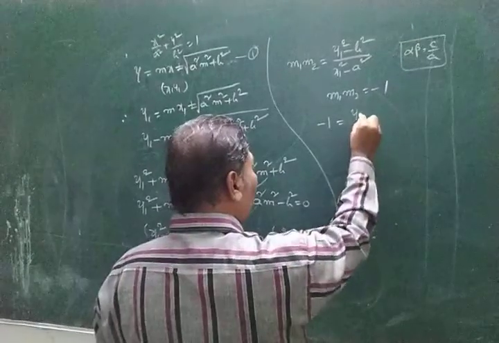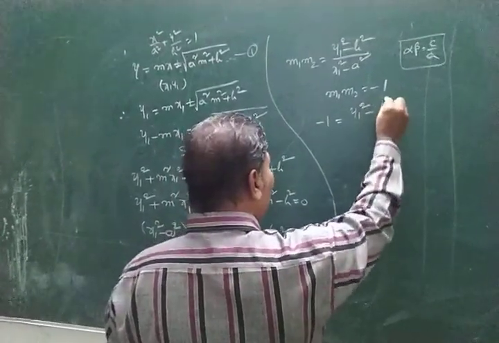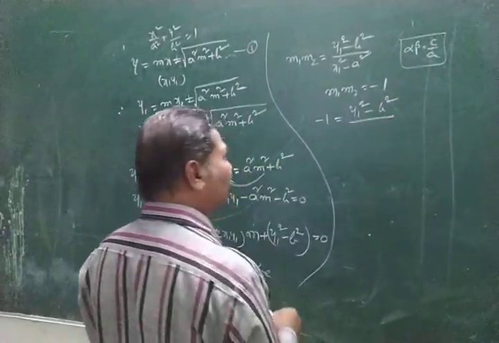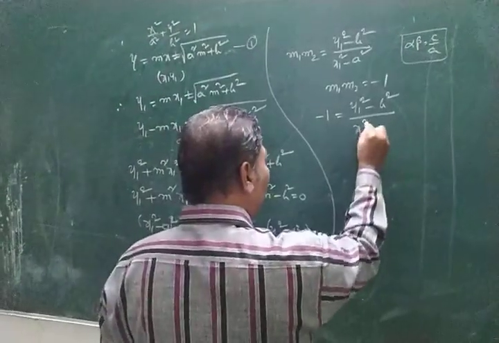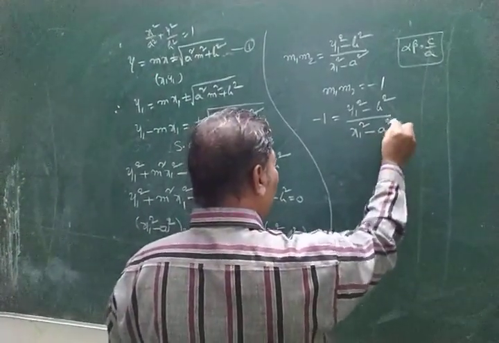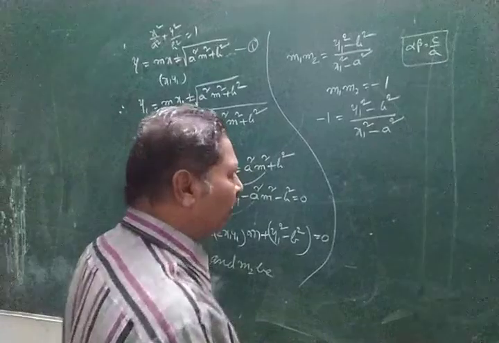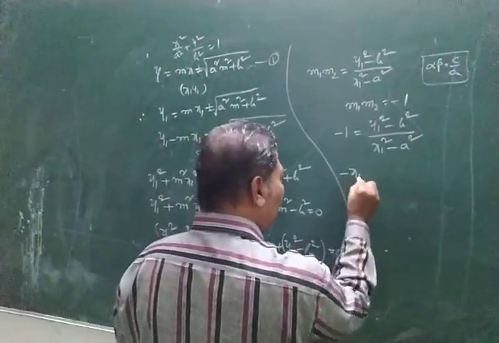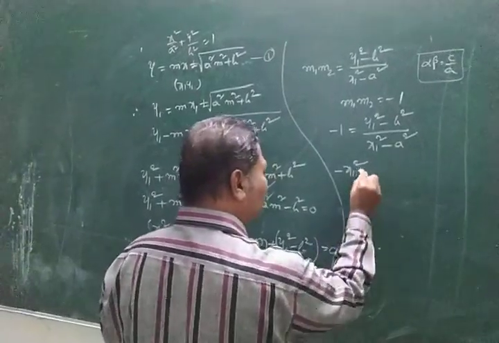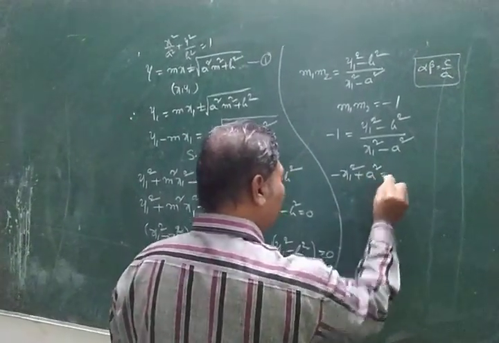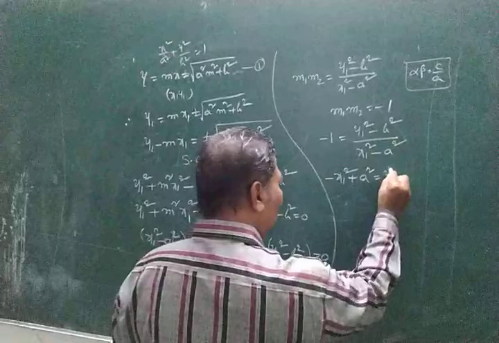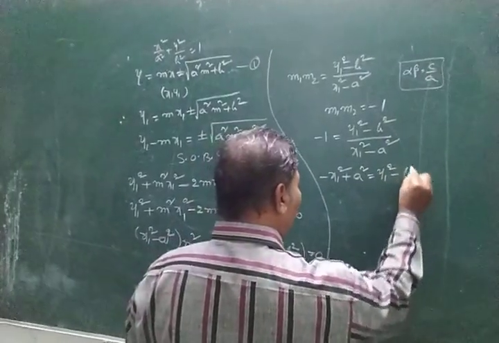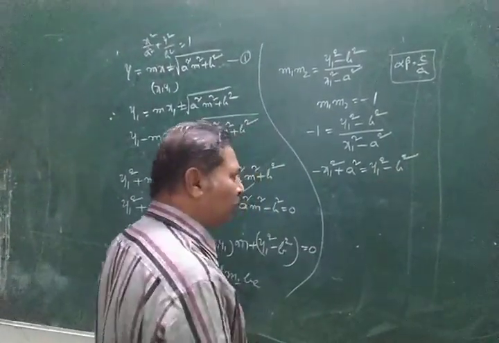Minus 1 equal to y1 square minus b square by x1 square minus a square. By cross multiplication, minus x1 square plus a square equal to y1 square minus b square.